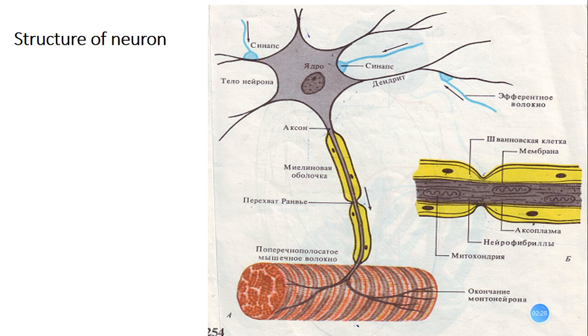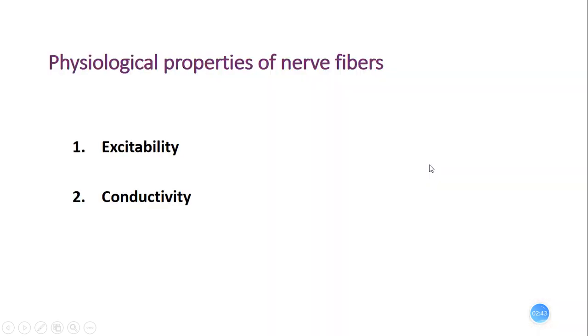Again, depending on whether or not a myelin sheath exists, we can divide nerve fibers into unmyelinated nerve fibers and myelinated nerve fibers. And again here, two physiological properties of nerve fibers: excitability and conductivity.